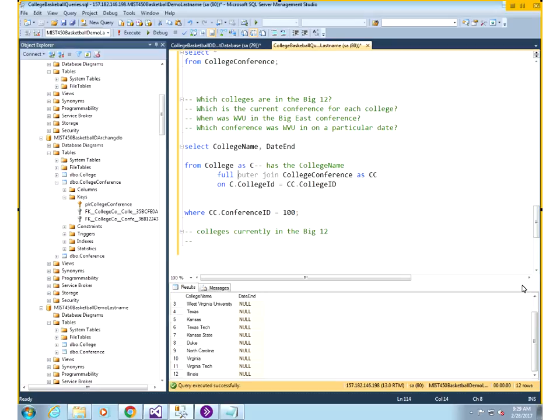Okay, is there any difference? Did you see any difference? How many rows were generated here for the inner join? 11. Okay.